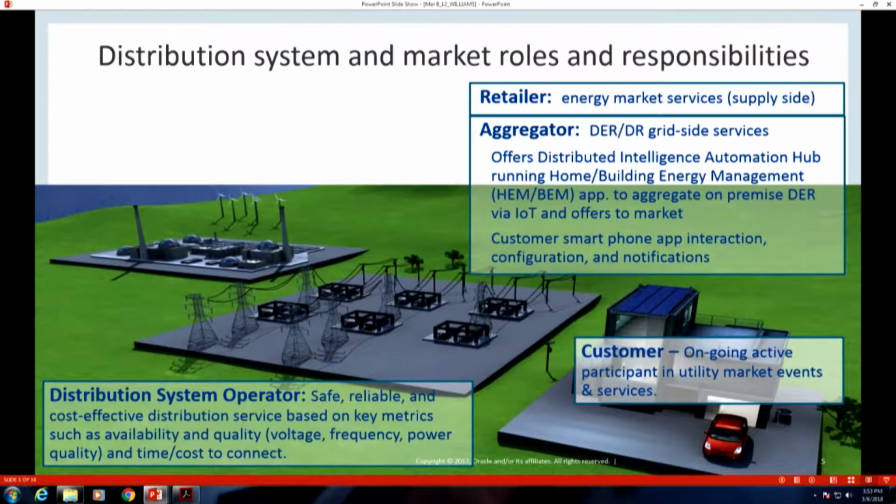Now, the aggregator could actually be the utility. It could be another provider who provides aggregation services. But the whole idea is that we can package together what available resources could be in a neighborhood, could be in an individual facility, and create a market around some smart apps that customers would want to participate in and would aggregate their own distributed energy services, but it could also aggregate larger neighborhood or region distributed energy and create a bigger market for those as an aggregator function.